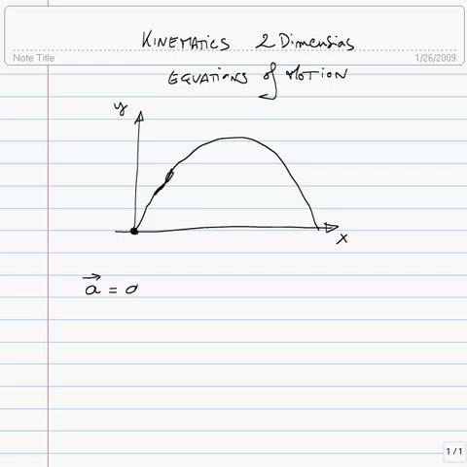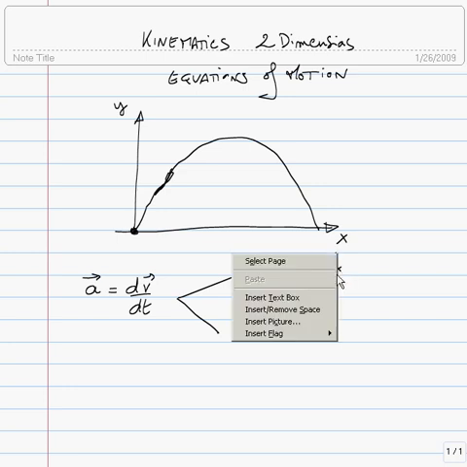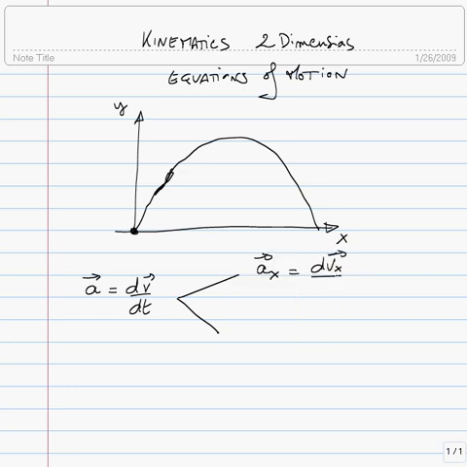a is equal to dv/dt. But this time we're going to break this up into two, the x component and the y component. So we're going to first do the ax, and then the y component: ay is equal to dvy/dt.